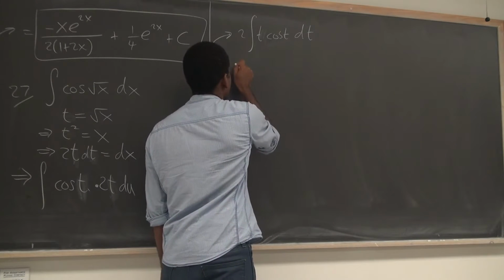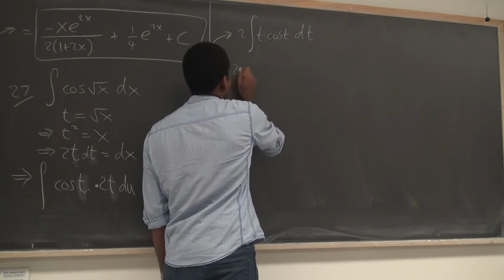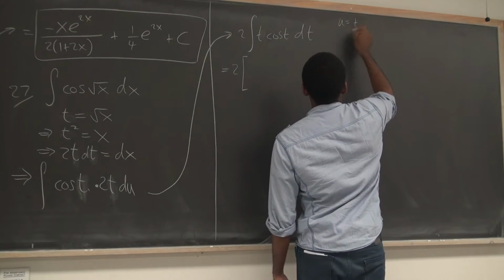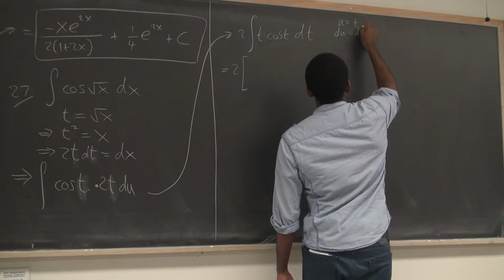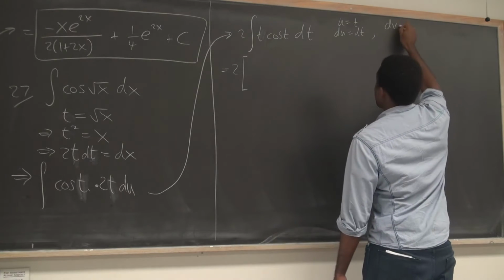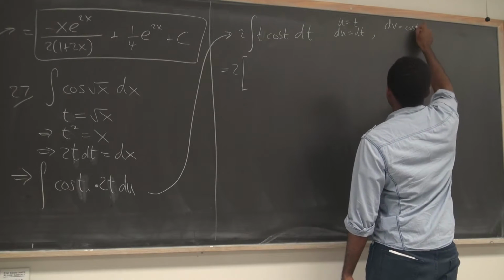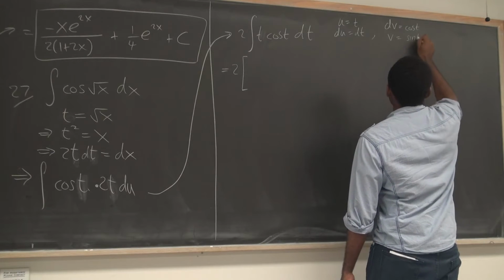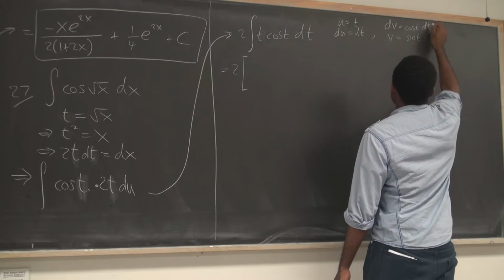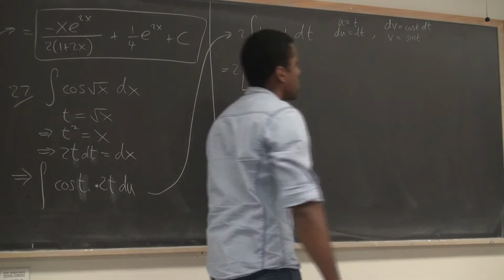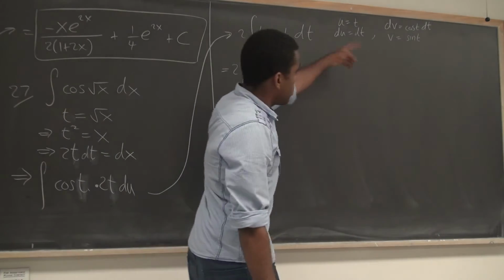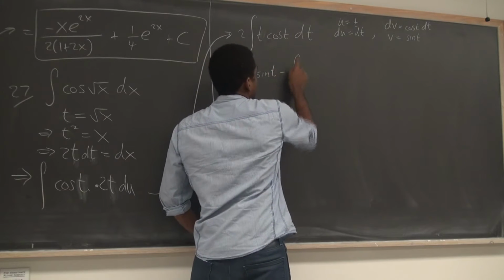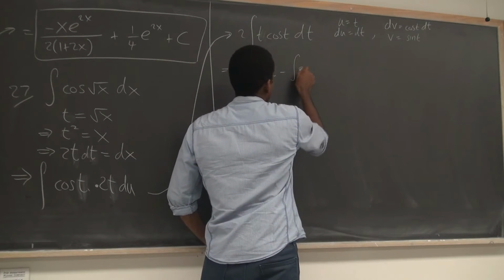So by parts would give us what? All right, so in by parts, u equals t, du equals dt. You can have dv equals cosine t, v equals sine t. And so it's u times v minus the integral of v du.